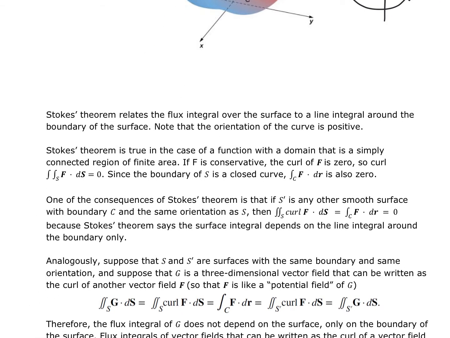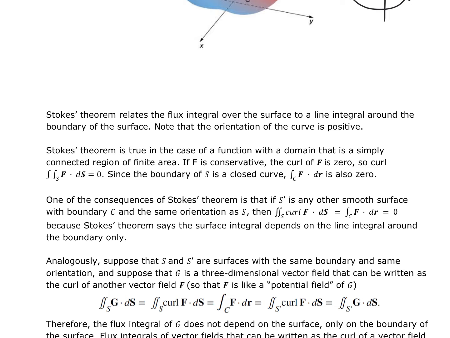Again, Stokes' Theorem is great because it relates the flux integral over the surface to a line integral around the boundary of the surface, and we have to pay attention to the orientation. It's true for a function with a domain that is a simply connected region of finite area. If F is conservative, then the curl of F is 0.